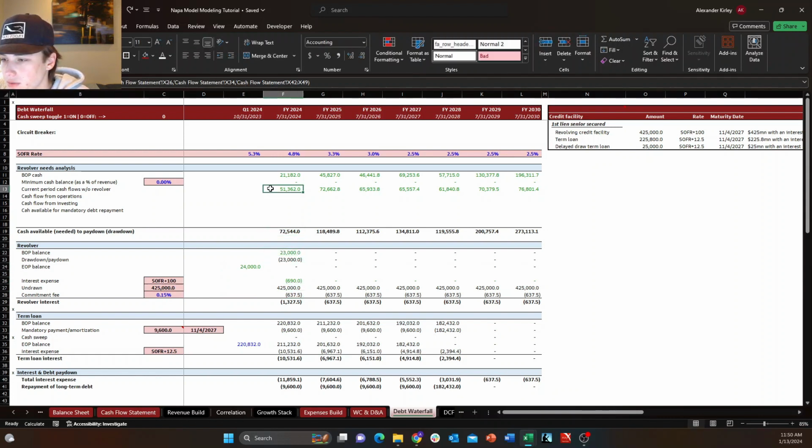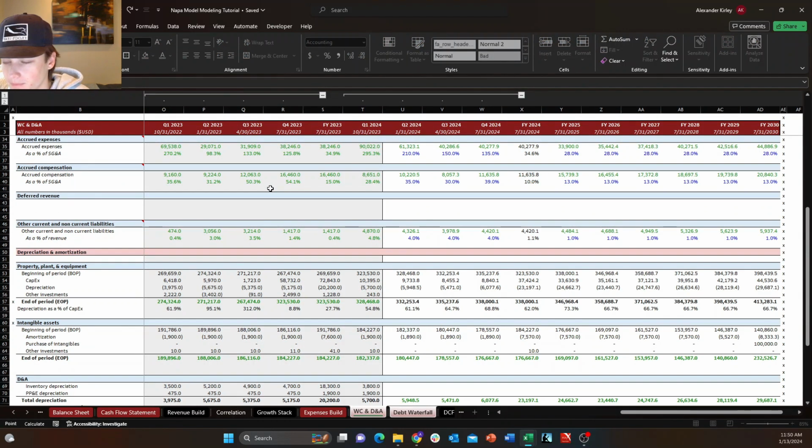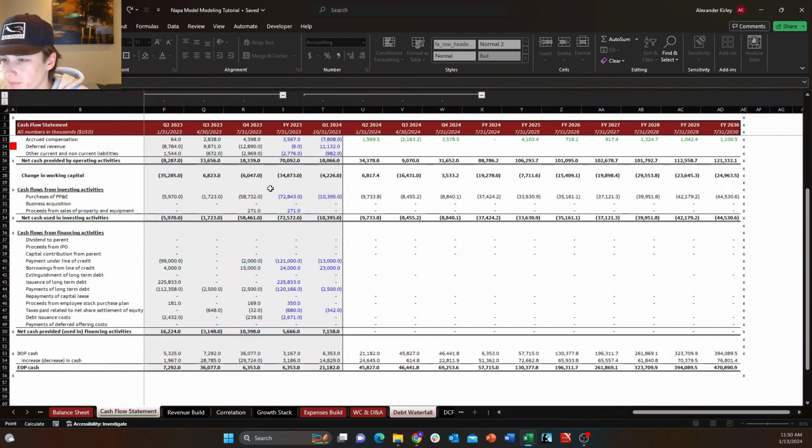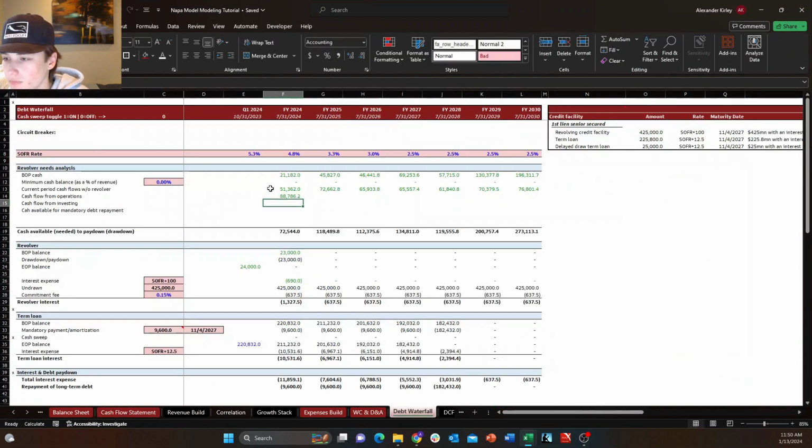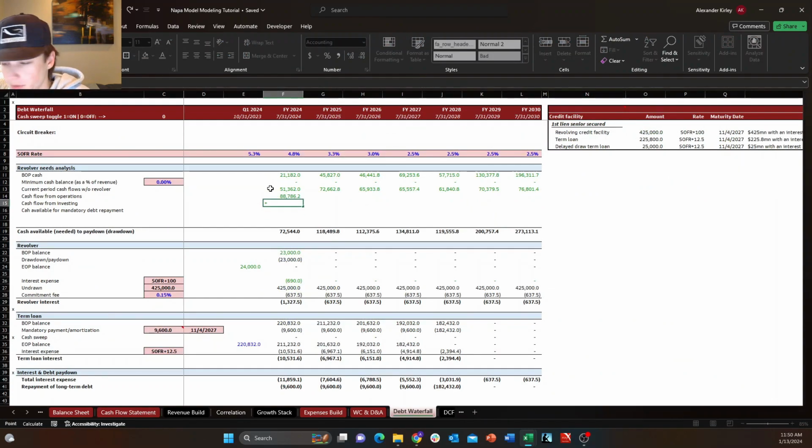So how this is going to work, let's get our cash flow from operations for 2024. Cash flow from investing.